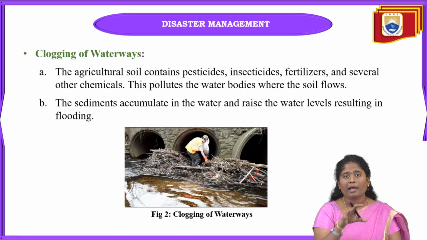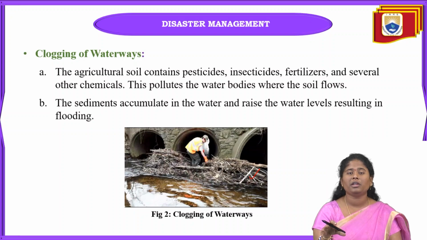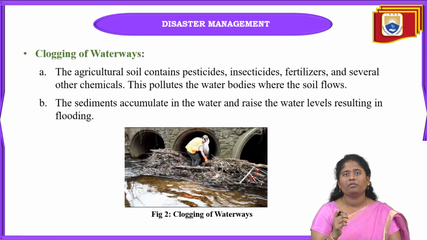When this eroded soil goes into the waterways, it settles there and clogs the waterways. Sediment also accumulates in the water. Because of these sediments and the eroded soil, the water levels rise.